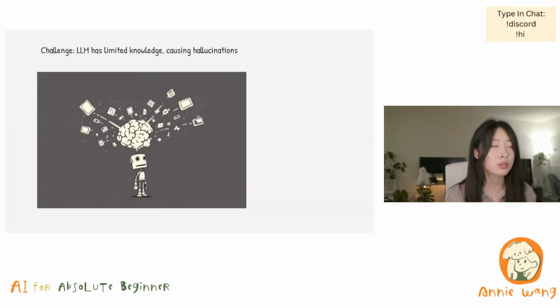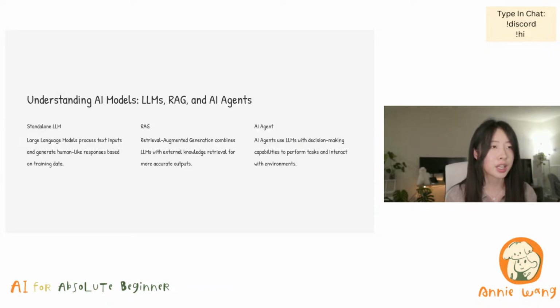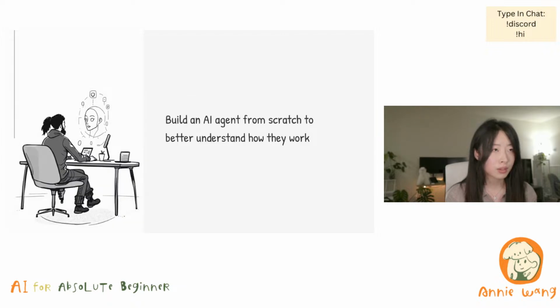That's why we introduce this AI agent concept, that AI agent is using LLM with decision making. So today we are going to build an AI agent from scratch to better understand how they work. As I introduced at the beginning of this slide, today we are going to build a very simple React AI agent from scratch. And you're able to code with me, if you're interested.